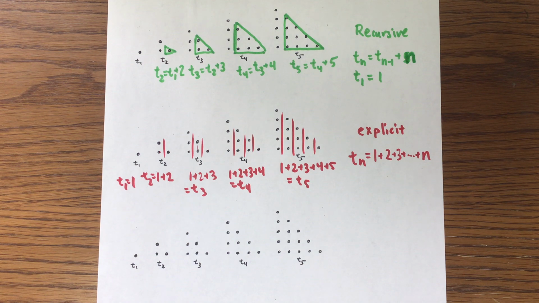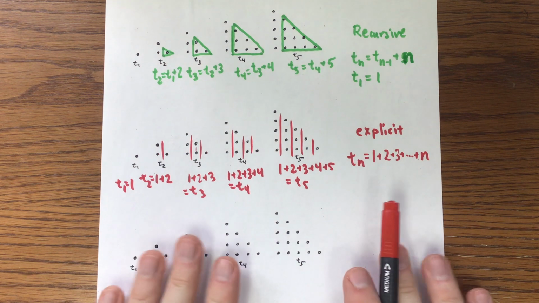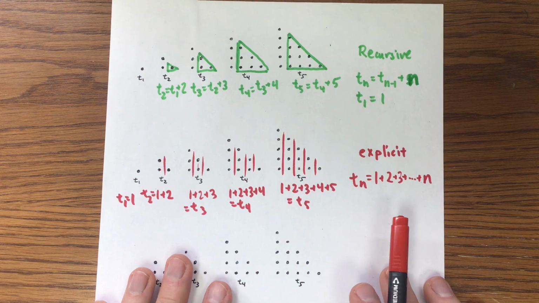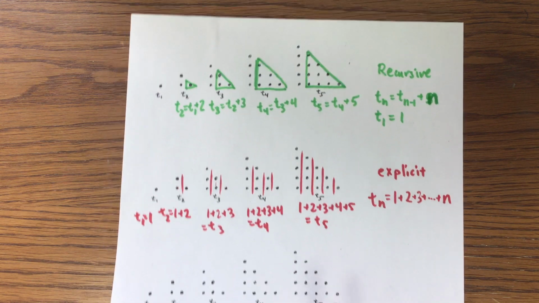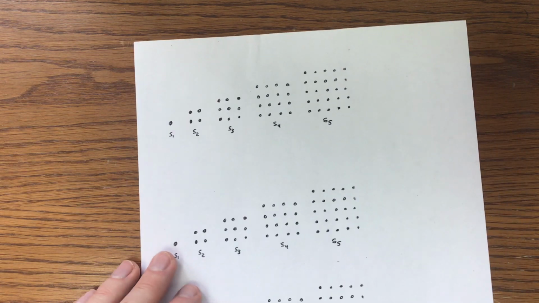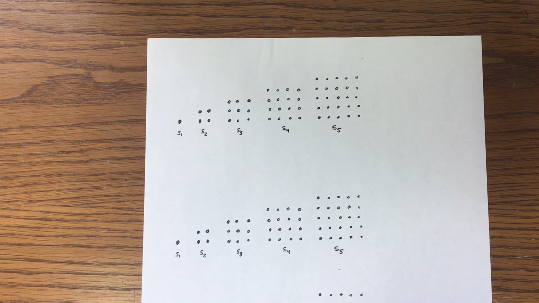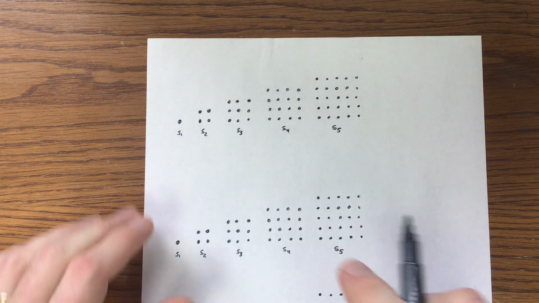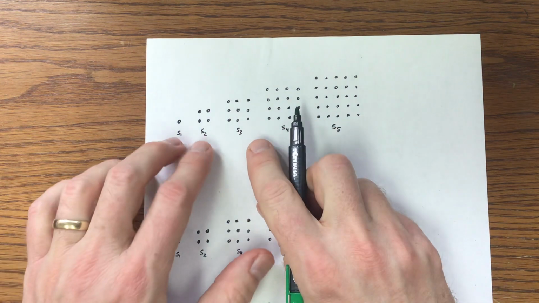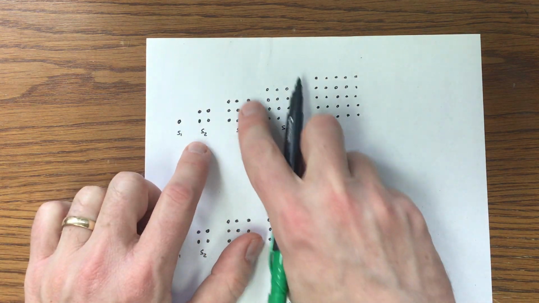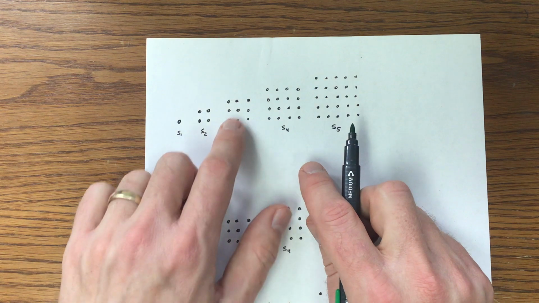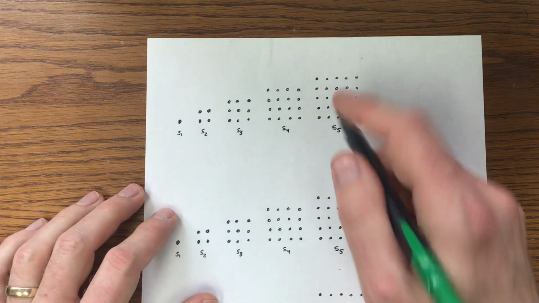Okay, I want to look at a different kind of numbers, but I'm going to come back to these triangular numbers in just a bit. Next, I want to look at the square numbers. And to mirror the pattern, first I want to see, is there a recursive pattern? Do I see, for example, S2 hiding in S3, or S3 hiding in S4?